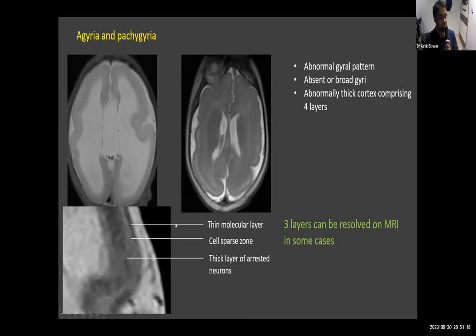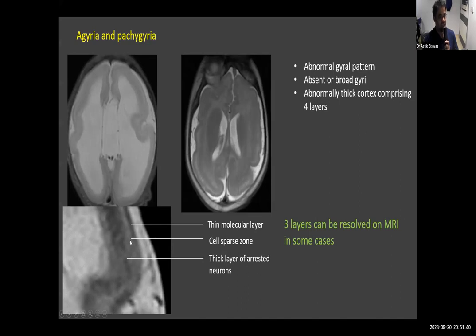And this is important on the axial T2 or any T2 weighted image for that matter. If you look closely, you can see this T2 dark thin layer, which is the thin molecular layer. This is the T2 bright intermediate layer, which represents the cell sparse zone.